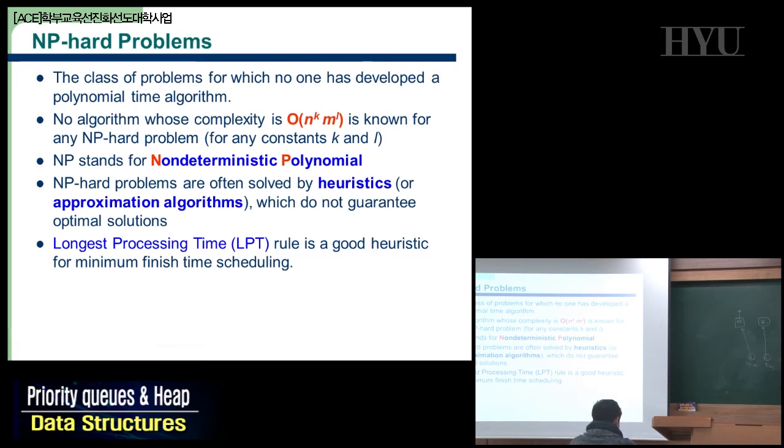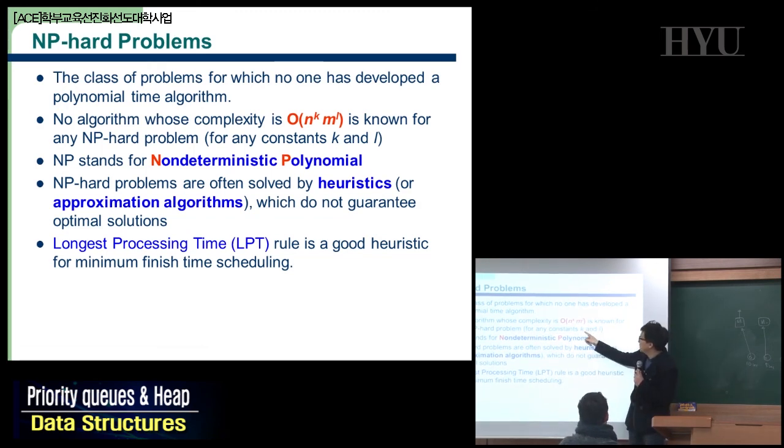So it's quite a difficult problem to solve. I mean, not quite. It's a taking-forever problem. So no algorithm whose complexity is n to the k, m to the l is known for any NP-hard problem.